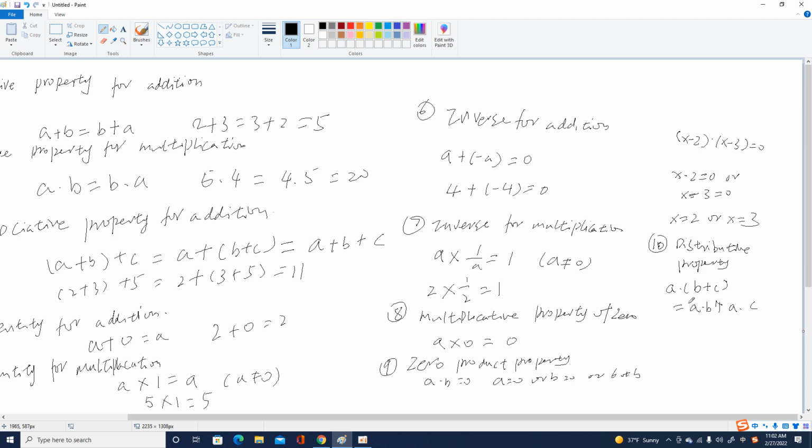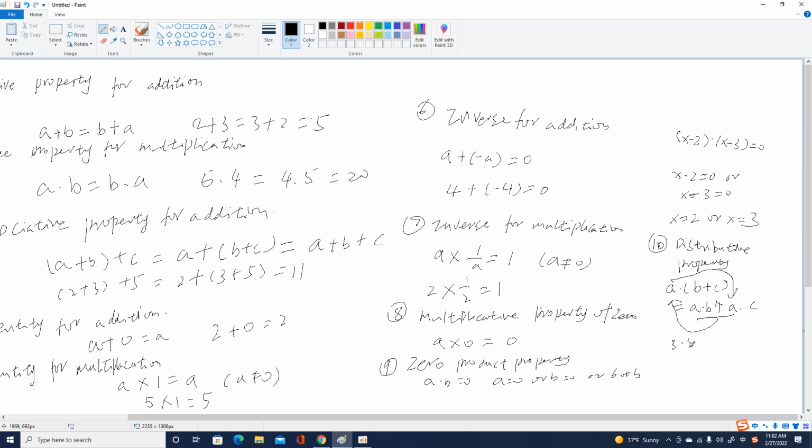Remember, this property you can use in two directions. One direction is from the left side to the right side. Actually, you can also use it in the other direction, from the right side to the left side.